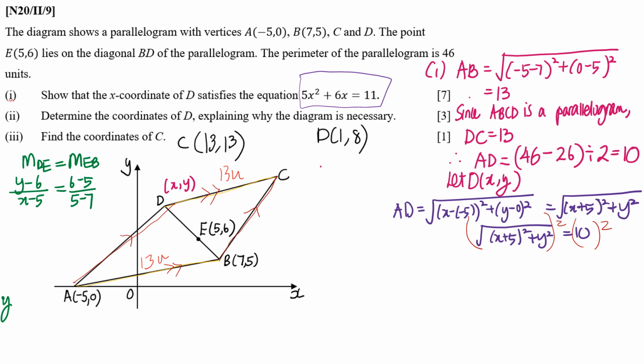From the diagram, we know that the gradient of DE, we're using this line here, is equal to the gradient of EB. Basically, your points D, E, B are collinear. So the gradient of DE is equal to the gradient of EB, and from there, you can come up with a second equation.